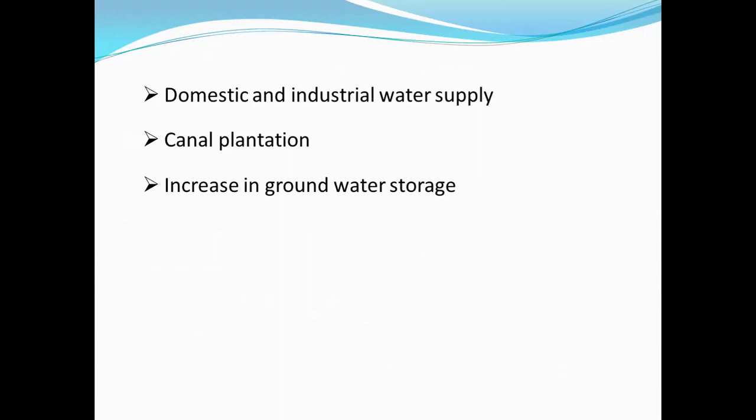Next is increase in groundwater storage. In the area where irrigation facilities are introduced, the groundwater storage is also increased, and because the groundwater storage is increased, the groundwater table also rises, right? This is only because of the seepage of water from the canal and agricultural fields.